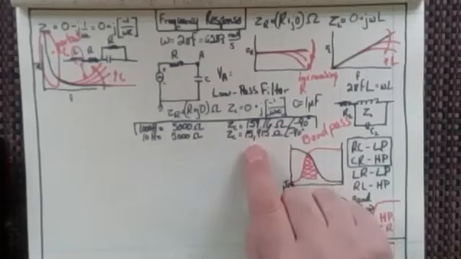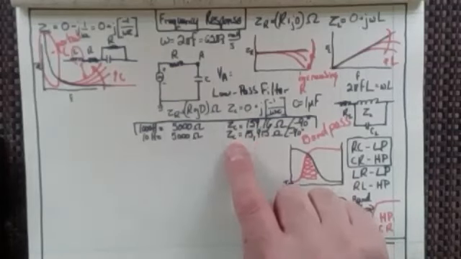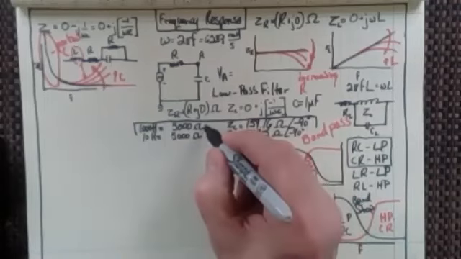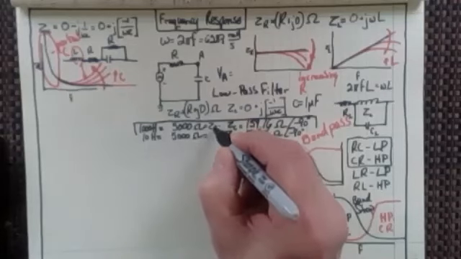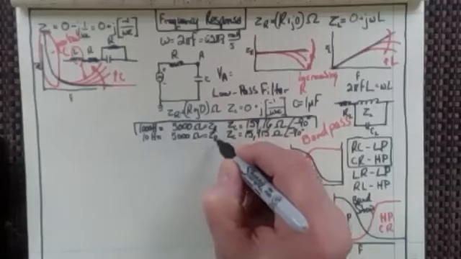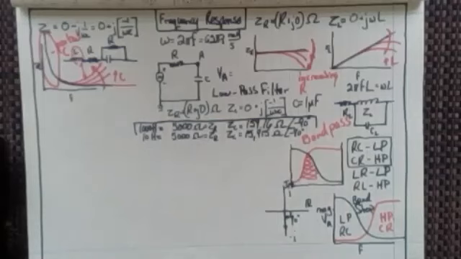So you can see that at the lower frequencies, the capacitive impedance takes over, but at the higher frequencies, because it's 1 over omega C, the resistive part is going to take over. Does everyone see that?